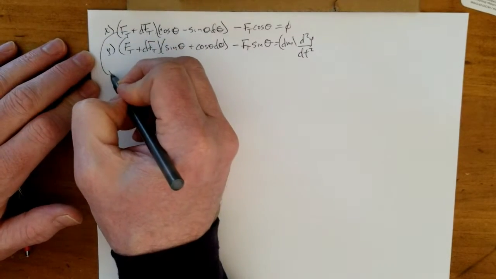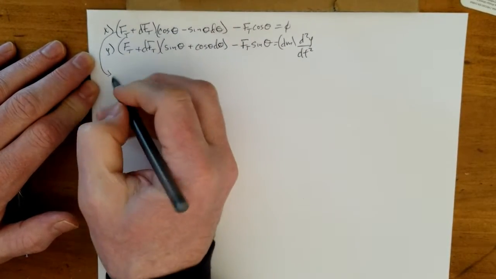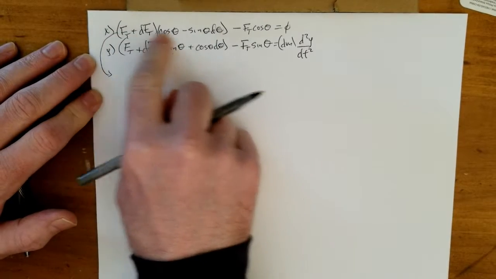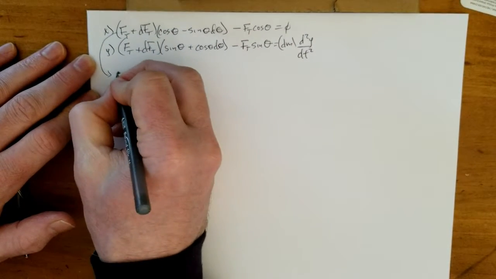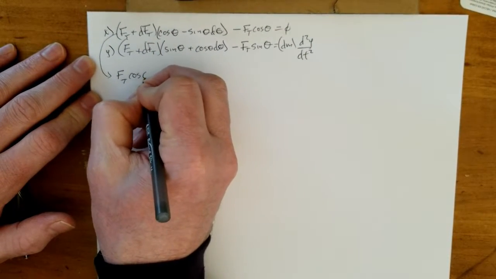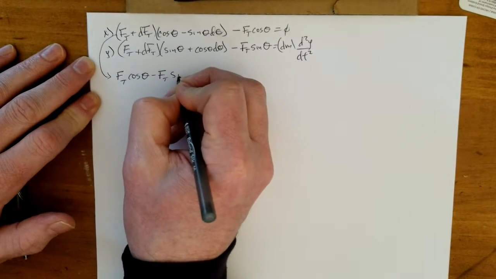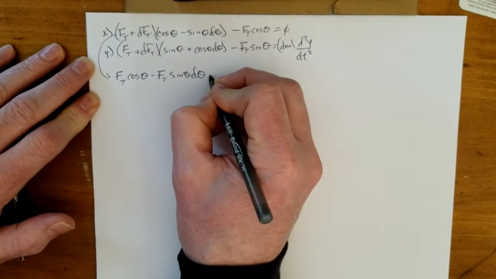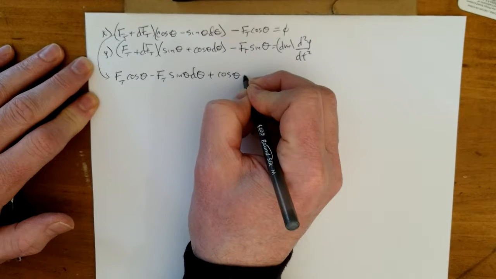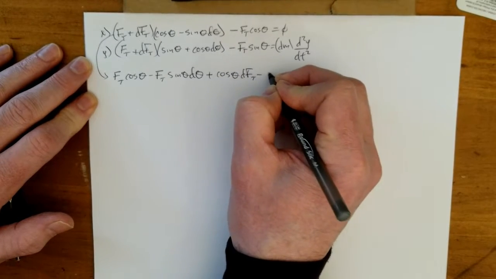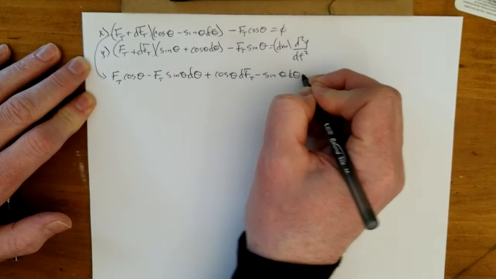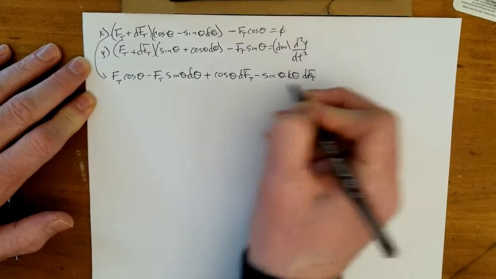I'm going to go ahead and FOIL this out, and let's just take a look at this one equation right here. We'll do this second, but we'll do this one first. So doing FOIL, I have FT cosine theta minus FT sine theta d theta plus cosine theta dFT minus sine theta d theta dFT.